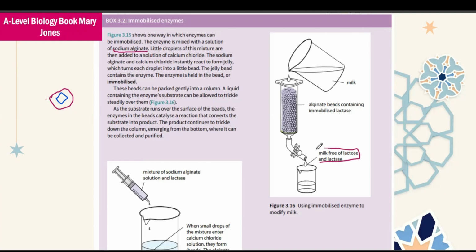So this is the very economical use of immobilized enzymes, that we pass the milk through the beads that contain this immobilized lactase, and since it does not contaminate the product, we obtain milk which is free from lactose and lactase. Okay? Have all of us understood?